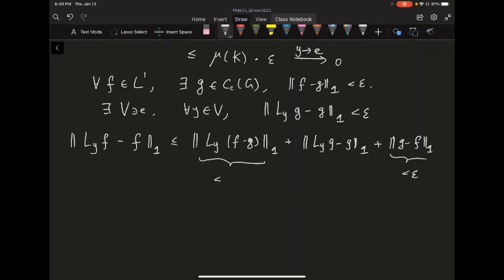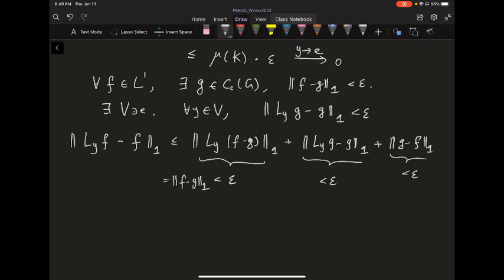So this is equal to the one norm of f minus g, again less than epsilon. And the middle one is just by your choice of the y, this is less than epsilon. So the whole thing, you do the 3 epsilon argument, you have that this is less than 3 epsilon, okay? All right, so this essentially just finished the proof of this little lemma.